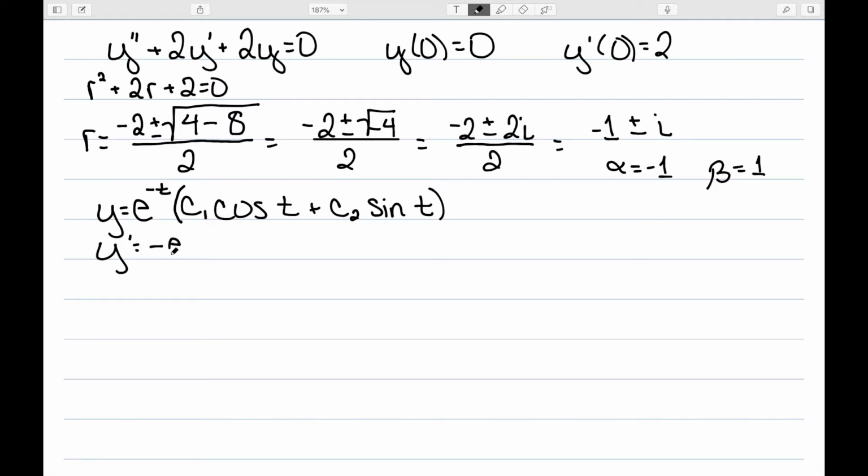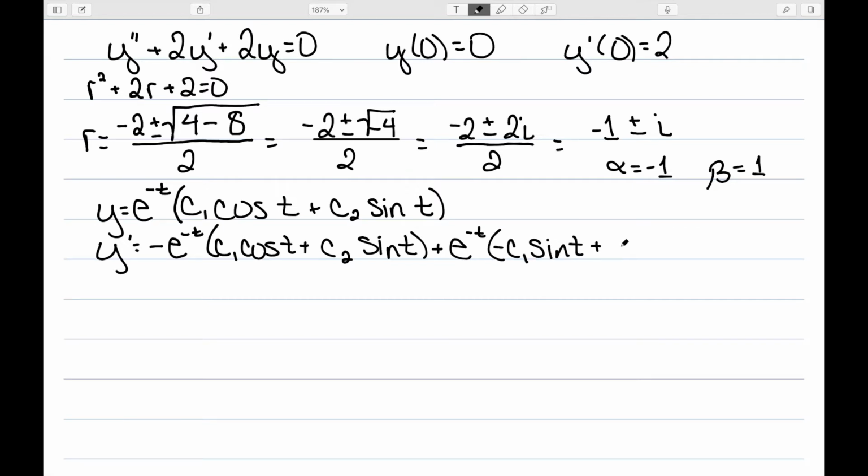We have the derivative of the first times the second plus the first times the derivative of the second, which will be minus c1 sine t plus c2 cosine t.